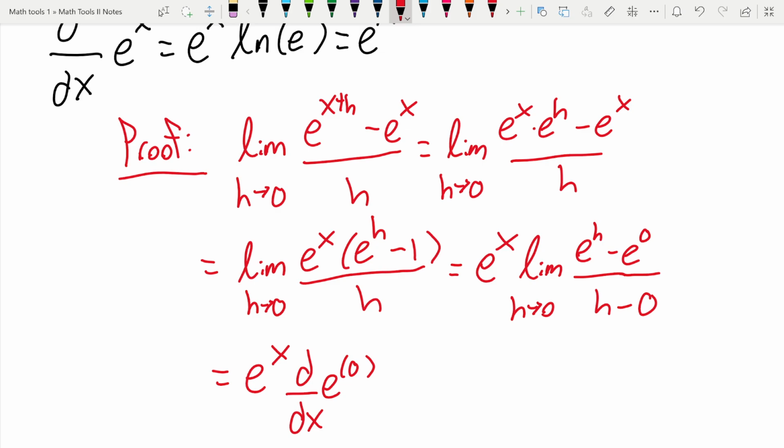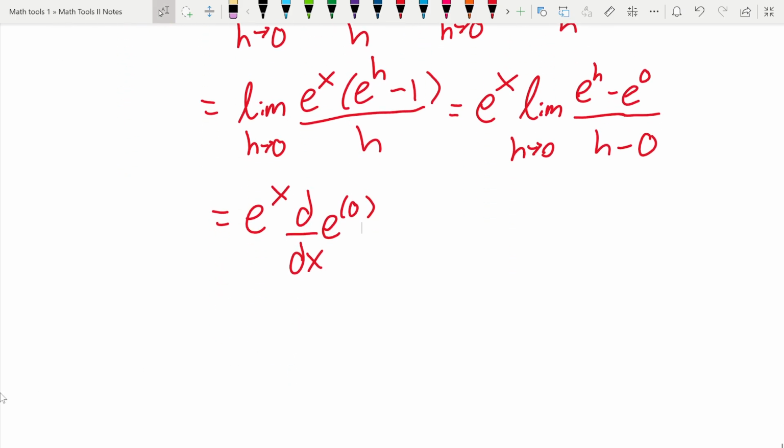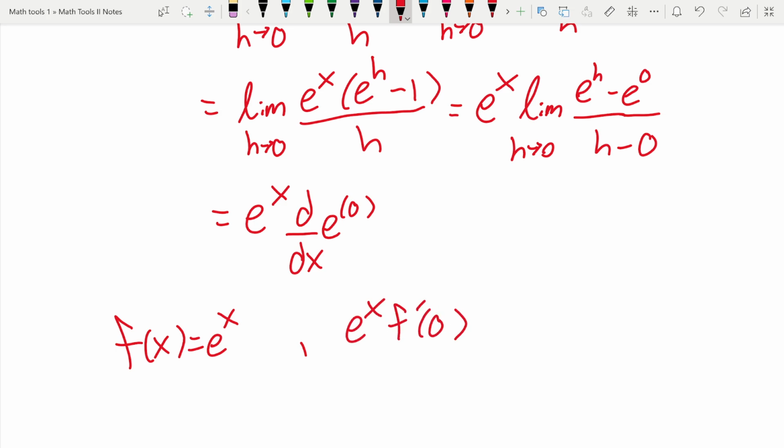In other words, if f of x equals e to the x, then this is like e to the x times f prime of 0. So this isn't a good form of the derivative, but what it does is it simplifies this down to just finding the limit at this point, which is a little bit easier to do.